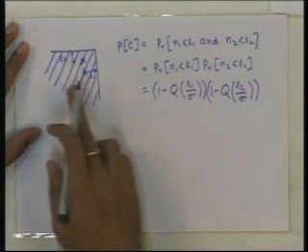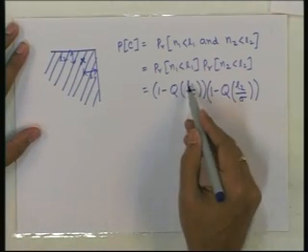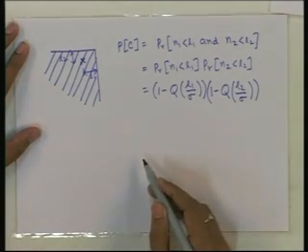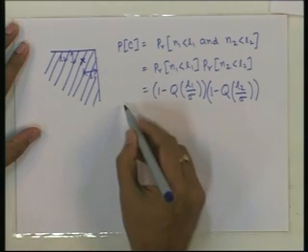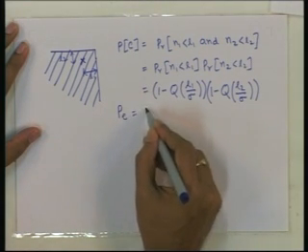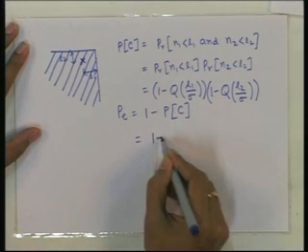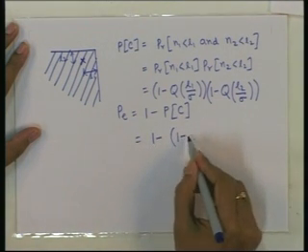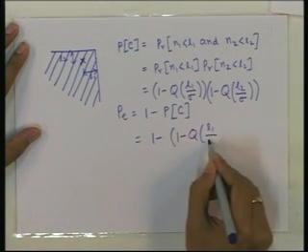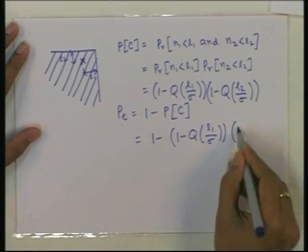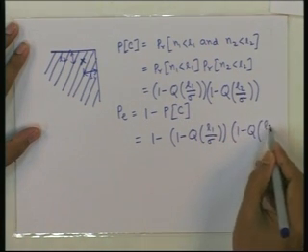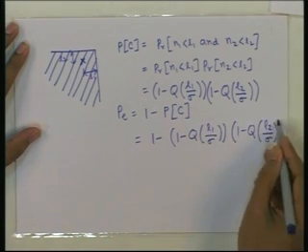So, the probability of correct decision is expressed in terms of L1, L2 and sigma this way. Now, from here we can compute the probability of error, that is 1 minus the probability of the correct decision, that is 1 minus these two factors, 1 minus Q of L1 by sigma times 1 minus Q of L2 by sigma.